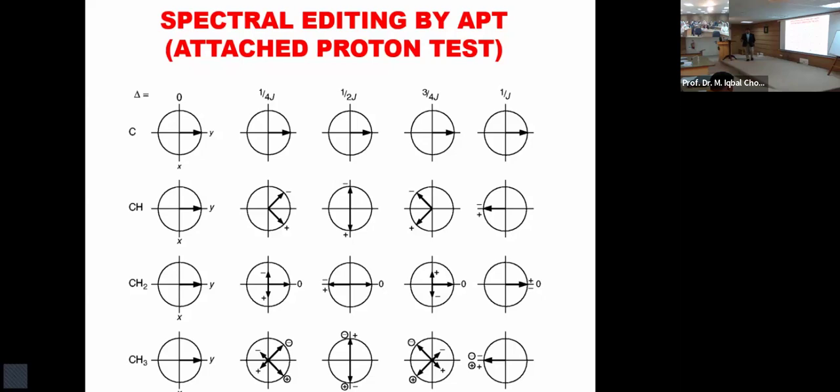Okay, so now envision that all your carbons, quaternary C, CH, CH2, CH3, are up along the z axis. You give a 90x pulse, because you always need to bring magnetization to the XY plane.